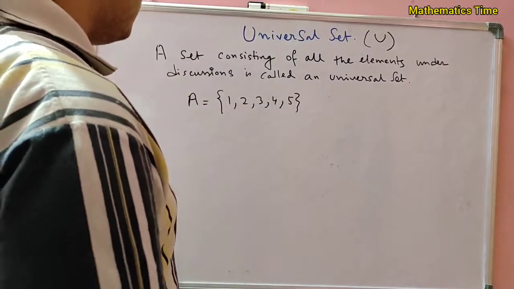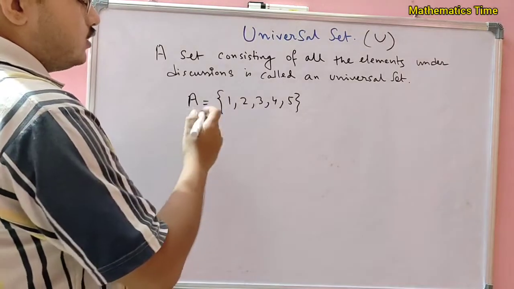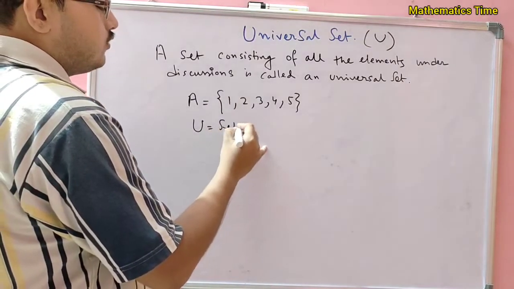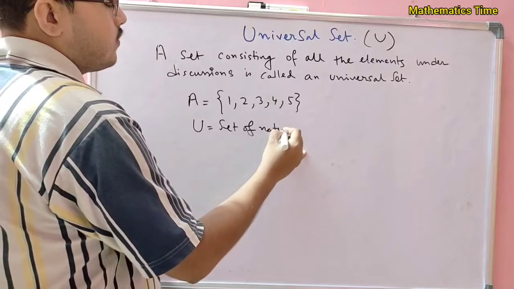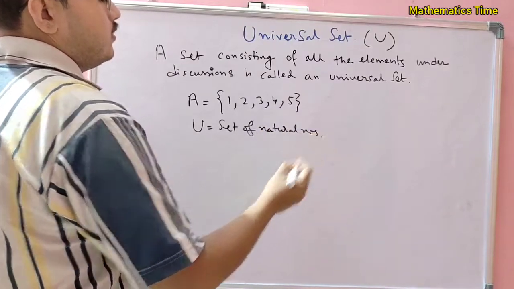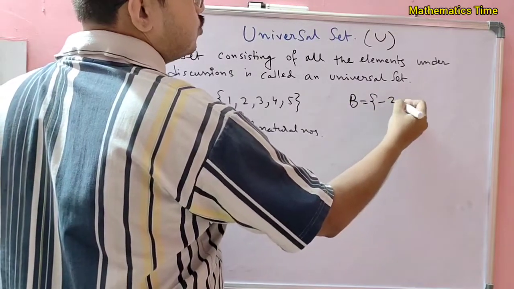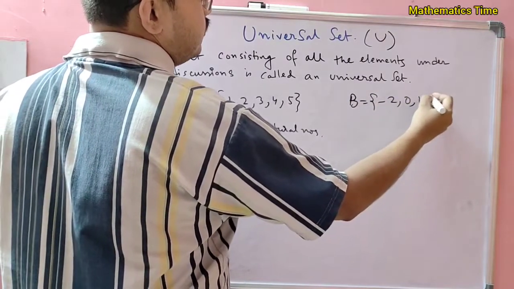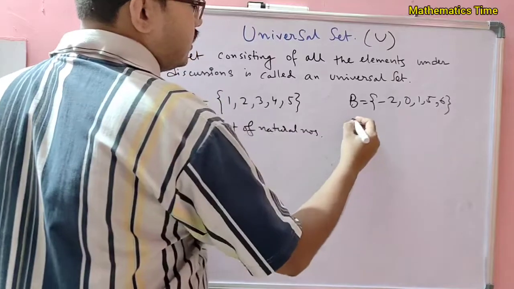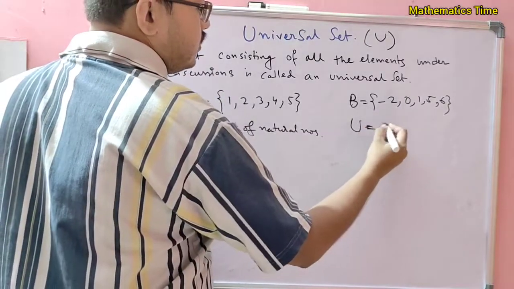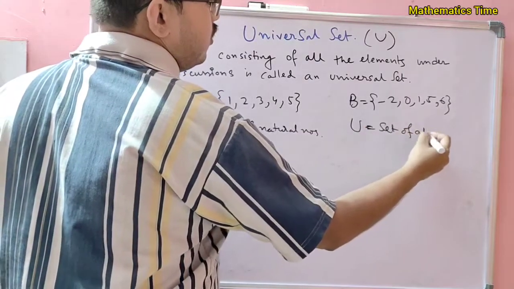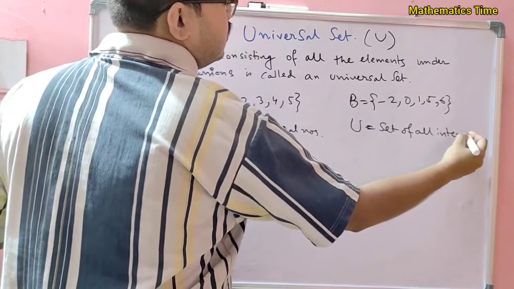Okay, so in this case we can take the universal set as the set of natural numbers. If we have a set B like this, {-2, 0, 1, 5, 6}, we can take the universal set as the set of all integers. This is some example.